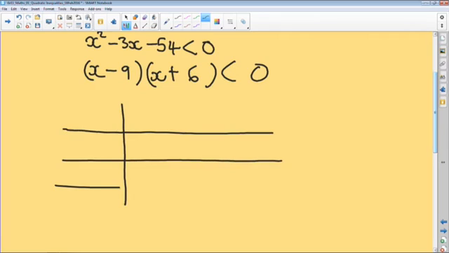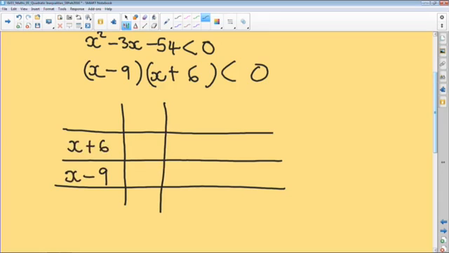Now, guys, remember, we start with the one that will be less after solving for x. That's x plus 6, x minus 9, all right? It's encouraged, but even if you start with whichever one, you will still get the correct answer at the end of the day. But we're trying to give you some simpler ways, okay?